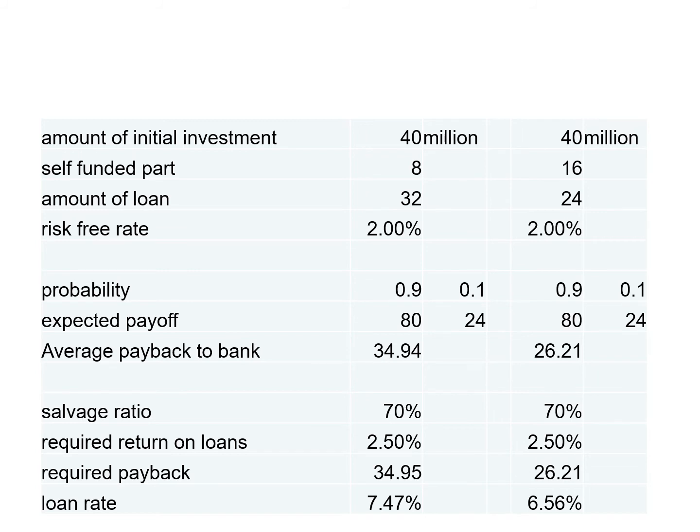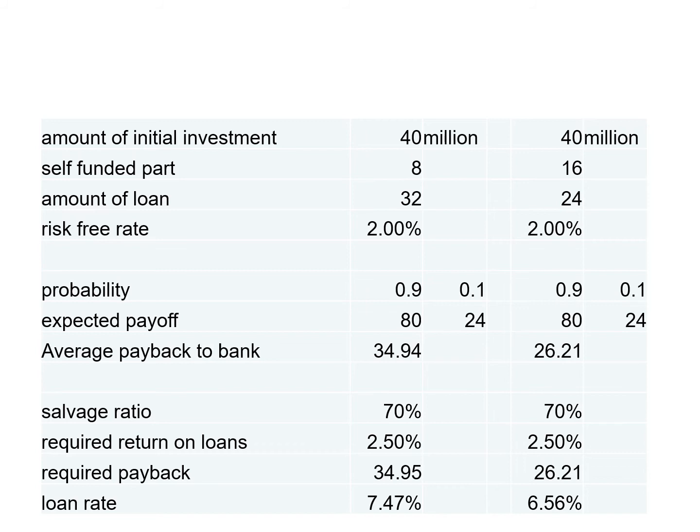So the probability of two different payoffs is one is 90%, the other is 10%. So in the case of 90%, it's 80 million, and 10% is 24 million. And we get an average payoff.